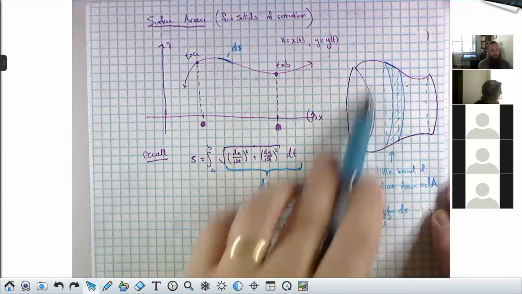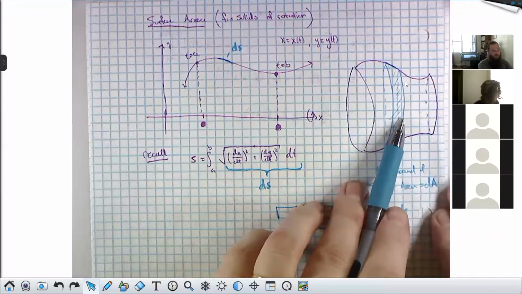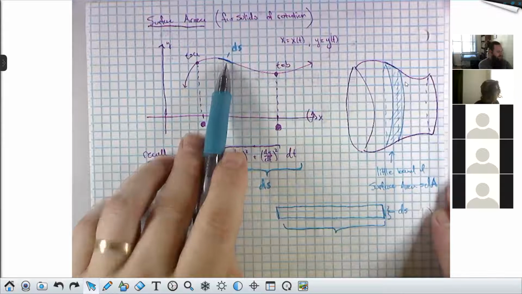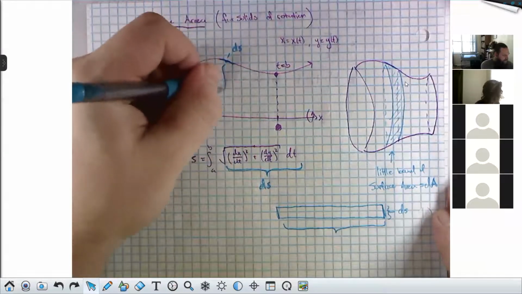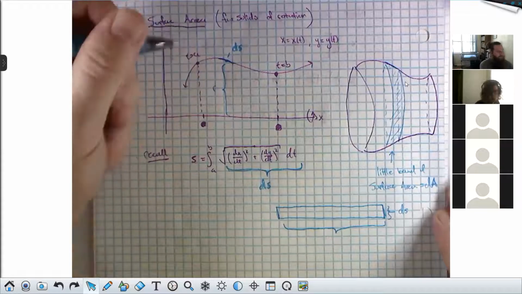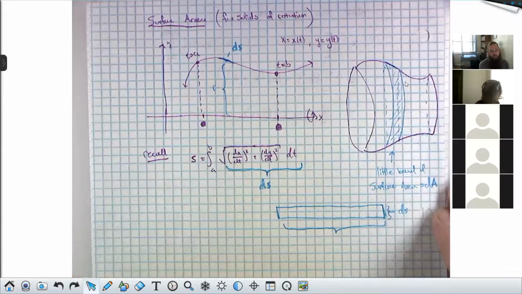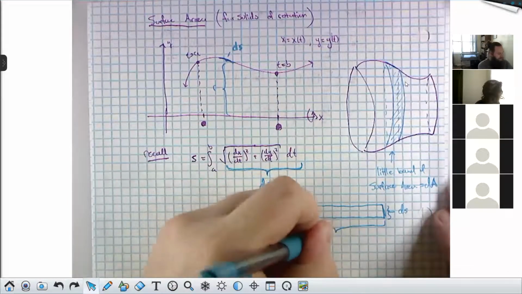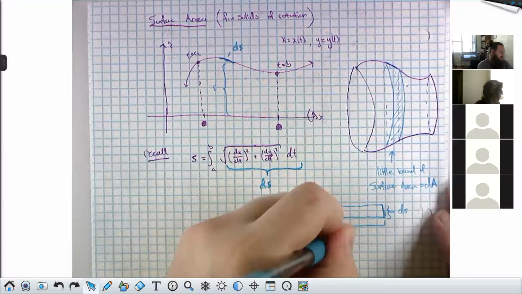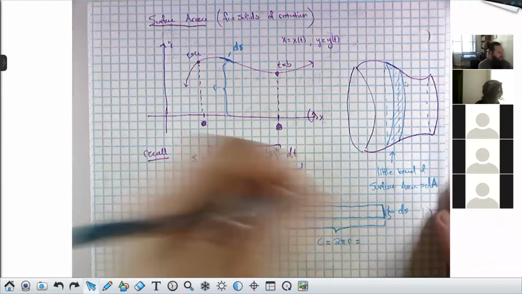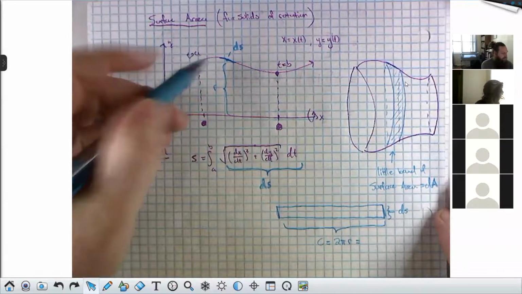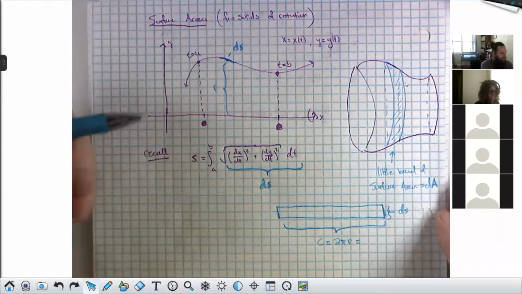It's the circumference of the band. And that radius is the distance from my axis of rotation up to that band, up to that little piece of arc length. So this is the circumference, which is always 2 pi times the radius. And in this case, that would be 2 pi times the y value there.